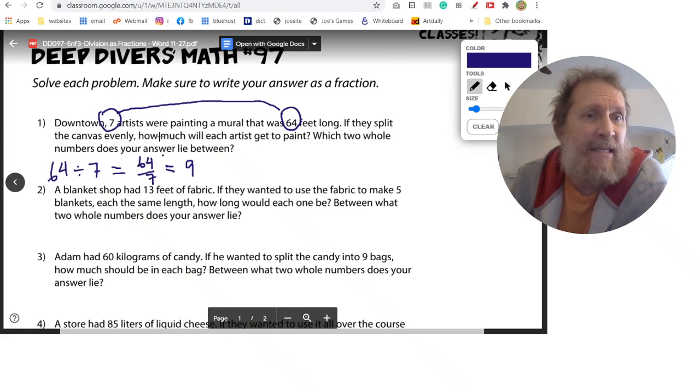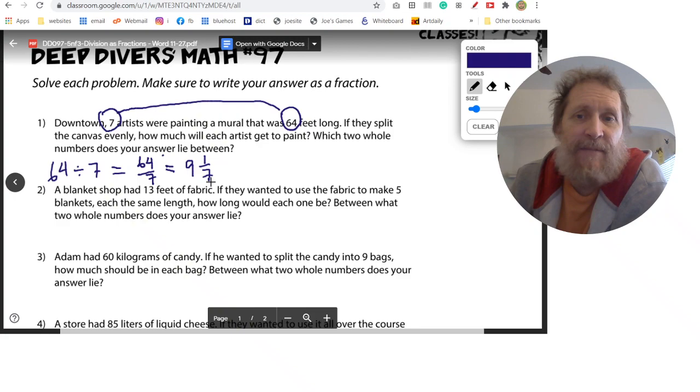If 10 7s is 70, then 64 is closer to 70 than 7. And so I've got 9, and 9 times 7 equals 63. That means I've got 1/7 left over, right? And I can double check. I can use my convert to an improper fraction trick to double check and make sure that's true.